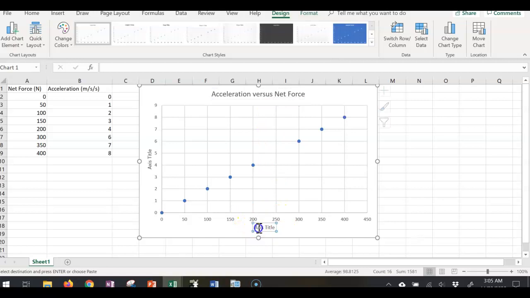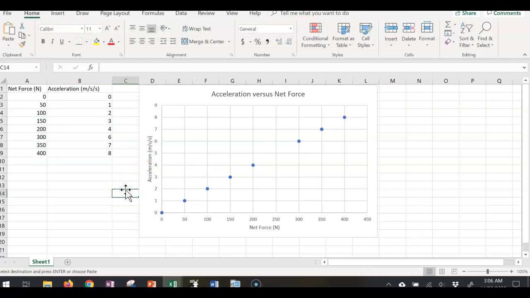My independent variable is the net force, so that goes on the x-axis, and my dependent variable is acceleration, so that goes on the y-axis. Okay, so we have a nice linear graph, and so I'm going to want to write a physics equation to represent this relationship, and that will just be the equation of this line.